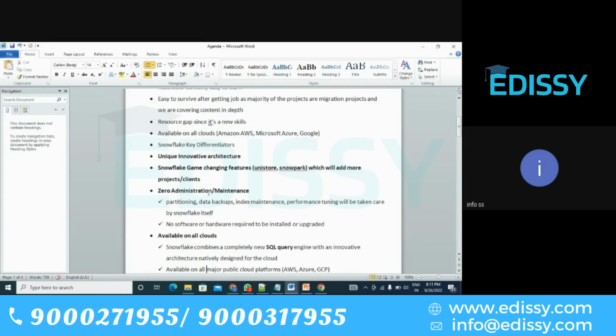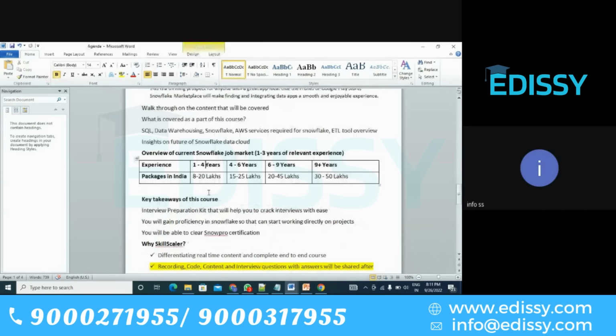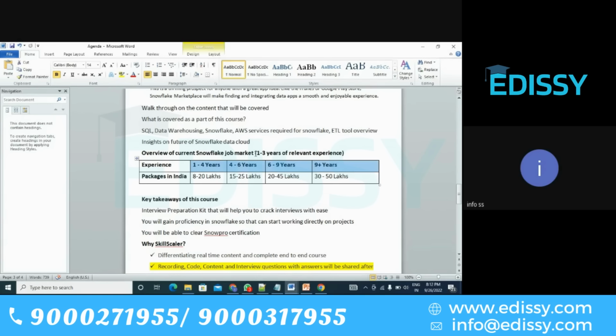If you take the current market trend, what is the Snowflake job market, and how are candidates paid? Out of your overall experience, if you claim 1 to 3 years of relevant Snowflake experience, you would get packages in India this way.